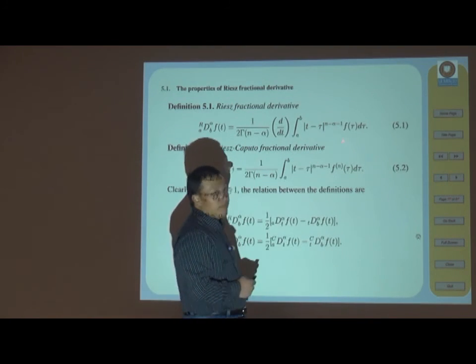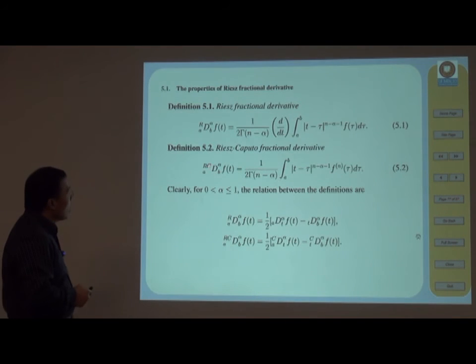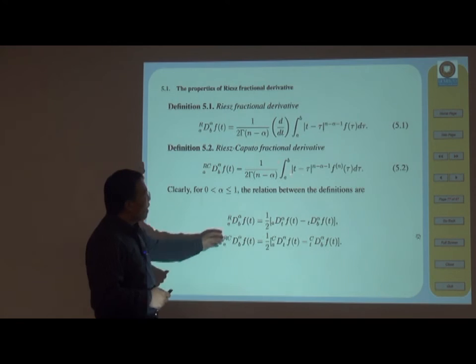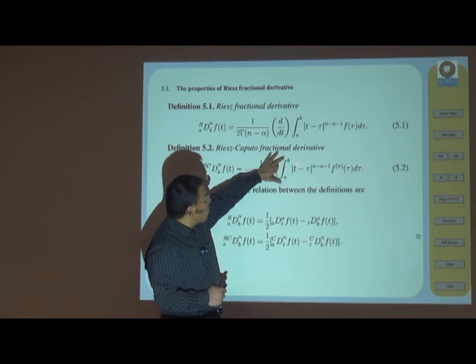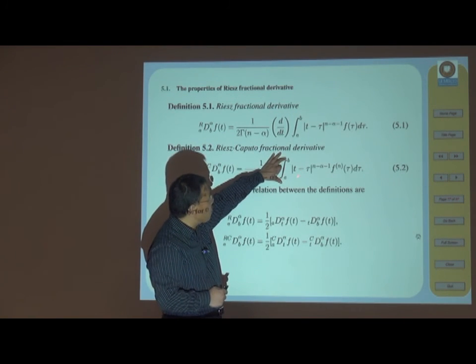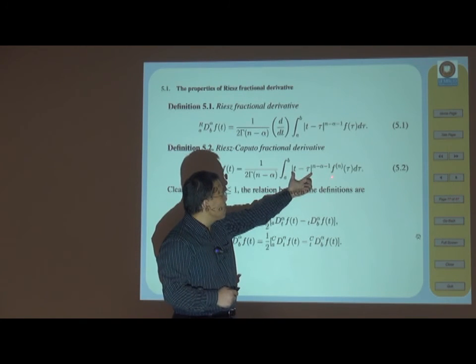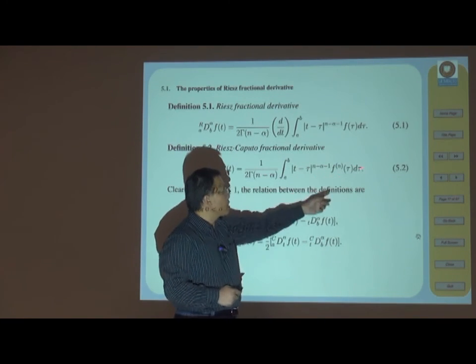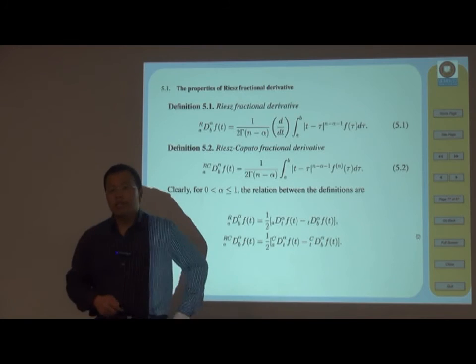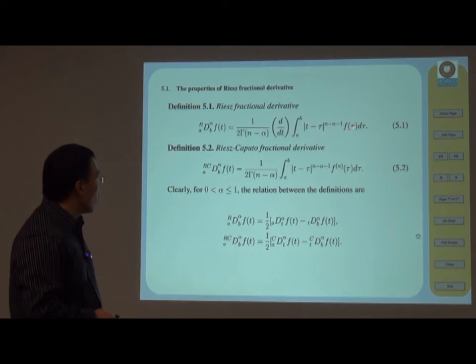And this is the Riesz-Caputo fractional derivative, also integrating from a to b, with the absolute value of t minus tau. Here is the nth derivative of f.